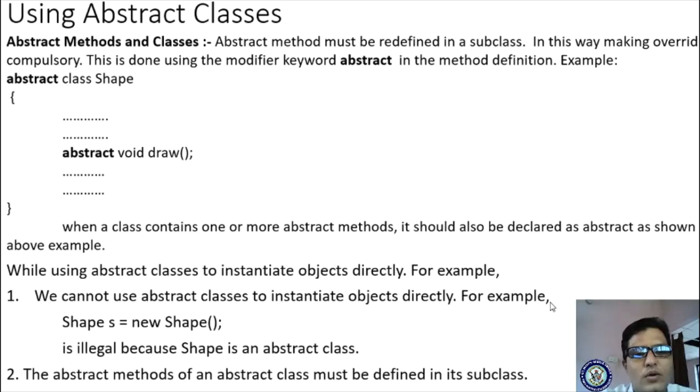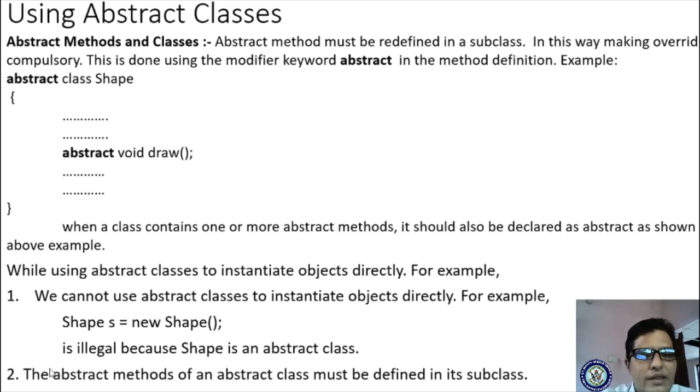Normally you access a class by creating an object, but if you specify a class as abstract, you are unable to create the object like this. If you create the object like this, it will be treated as illegal.